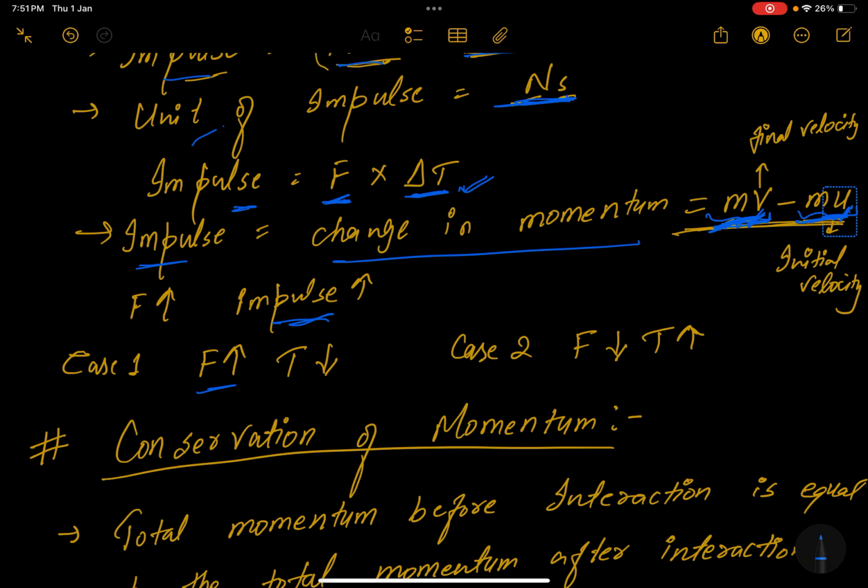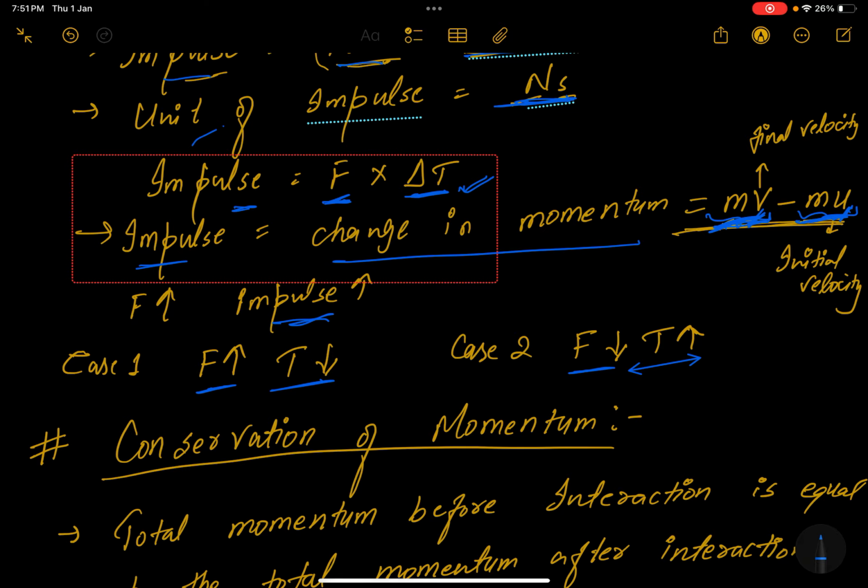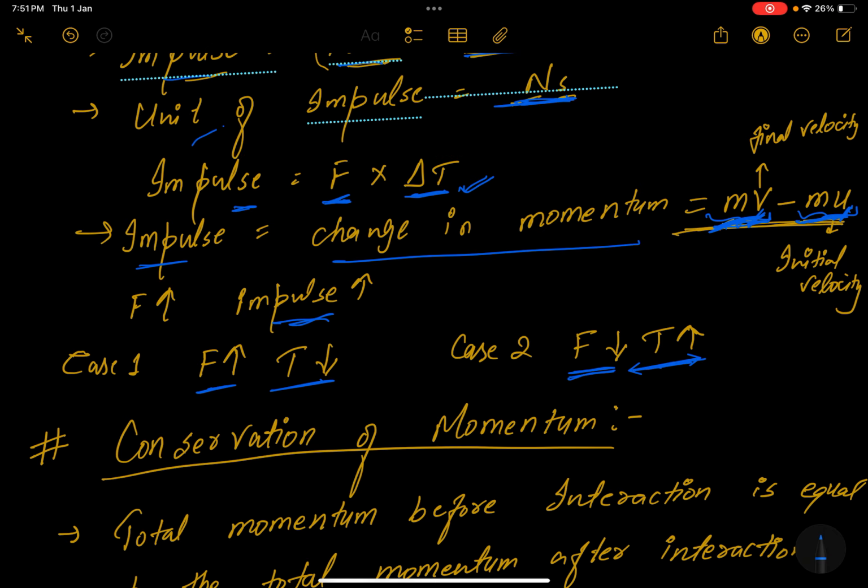When we increase force and decrease time, there is some impulse, and when we decrease force and increase time, both cases will have the same effect. That means these two cases will have similar impulse. If we increase the force and decrease the time, the effect of that force is equivalent to when we decrease the force and increase the time.